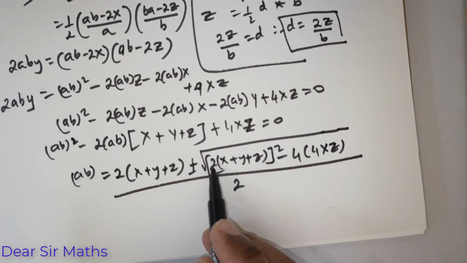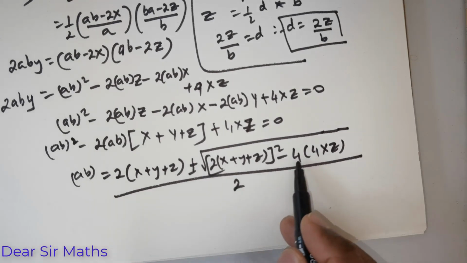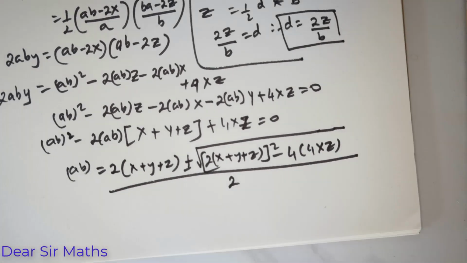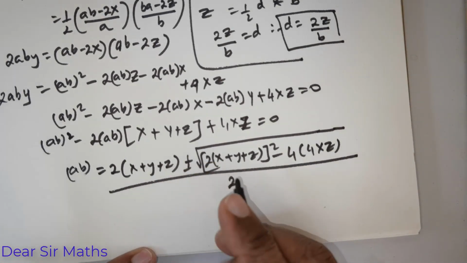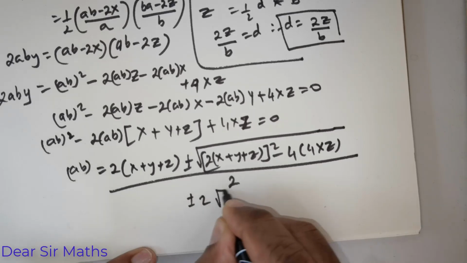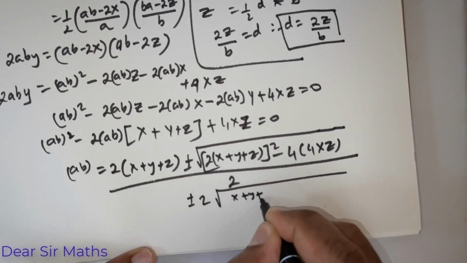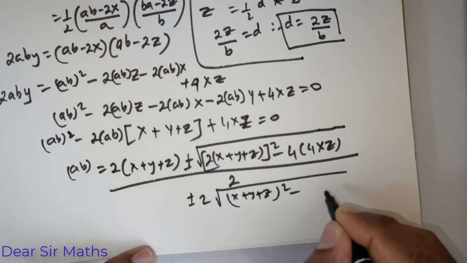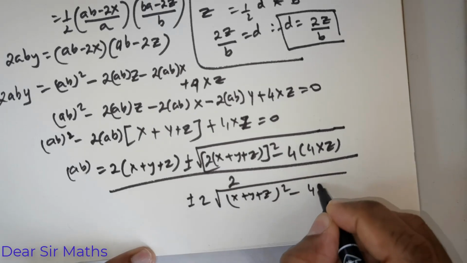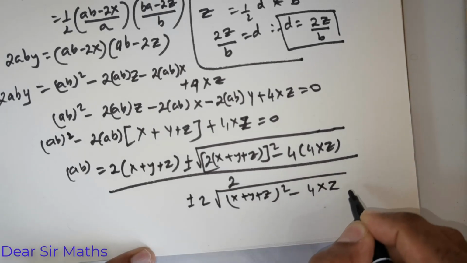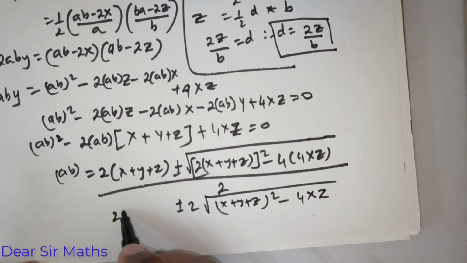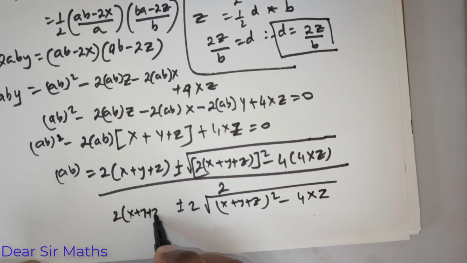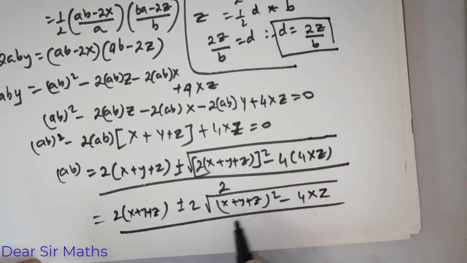So over here, this is 2 squared, so it's going to be 4 and a 4. I can take 4 out. If I take the 4 out, that's going to be 2 there. So plus or minus 2 root of (X plus Y plus Z) raised to the power of 2, 4 is already taken out, so minus 4 times X times Z. And you got a 2 here of (X plus Y plus Z) divided by 2.